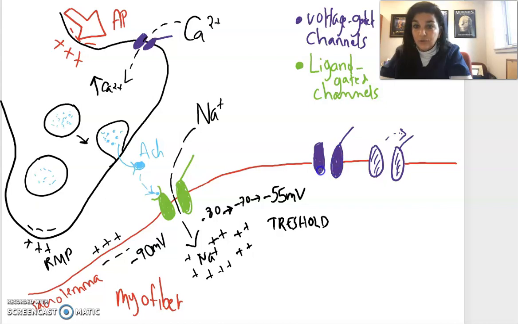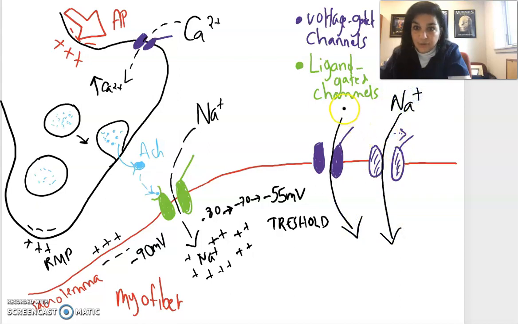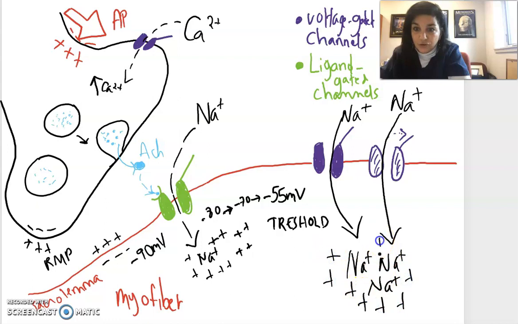When the threshold is reached, that's when these voltage sensitive channels will open and allow for their specific ions to come in, and in this case it's sodium ions. So we have the entrance of additional sodium ions that are going to come in, which means we're adding even more positive charges.